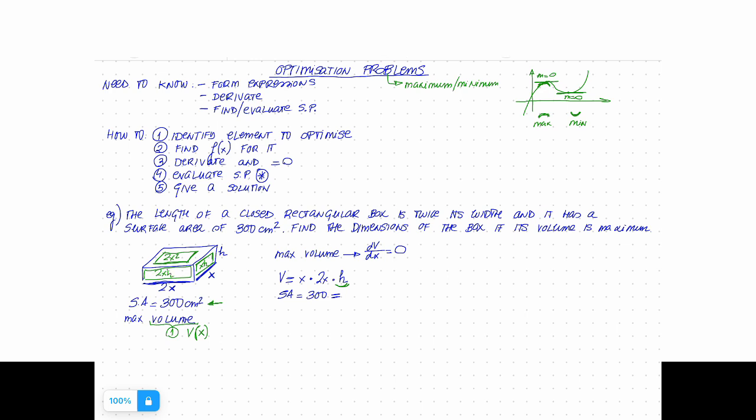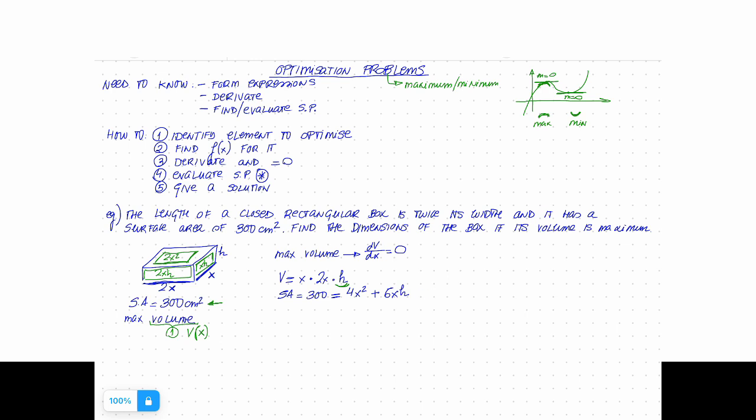So I can say that the whole surface area is going to be 4x squared plus 6xh. And now I'm going to be able to make h in terms of x.